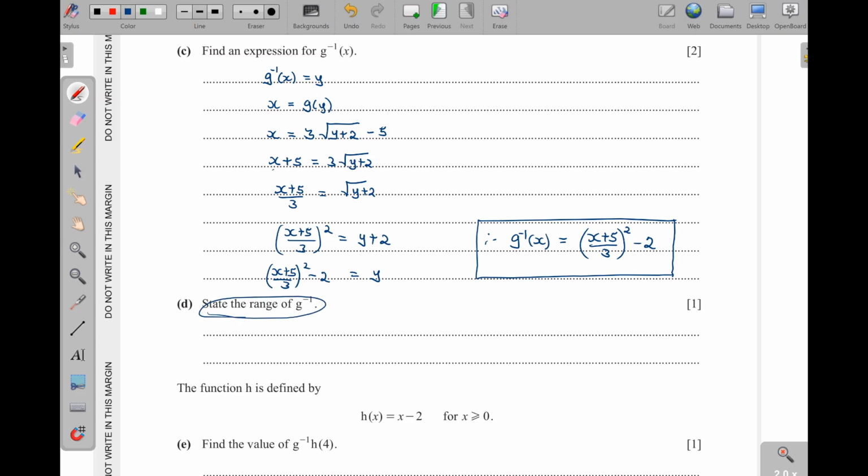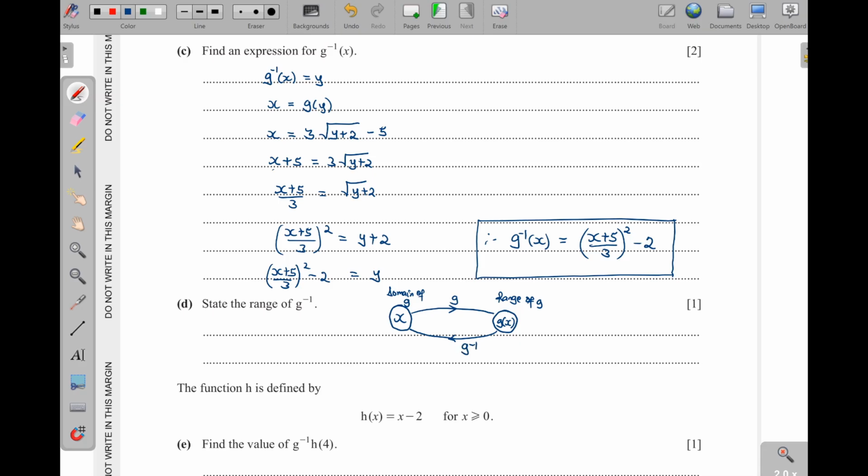Then state the range of g inverse. Now, if I have x here and then g acts on it, then what comes out is the g of x. So this is the domain of g, and what comes out is the range of g. Are we there? Now what undoes what g did is the inverse.